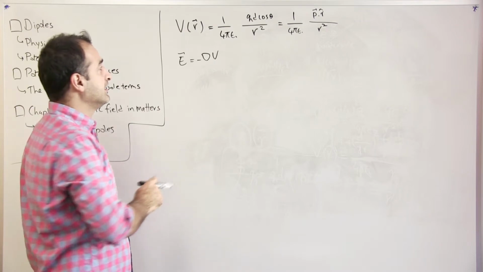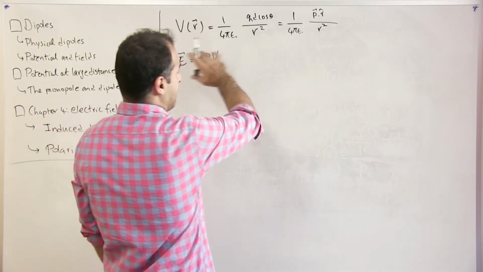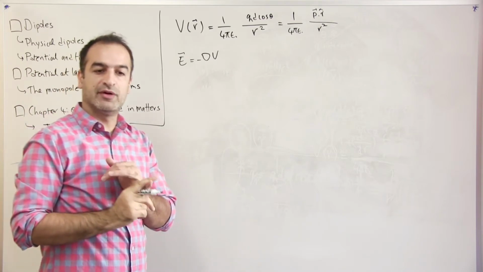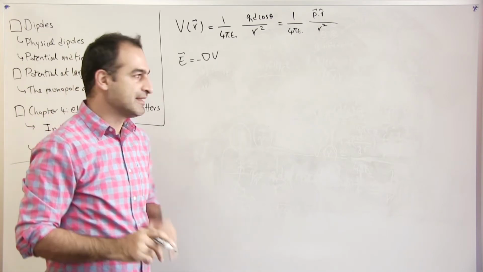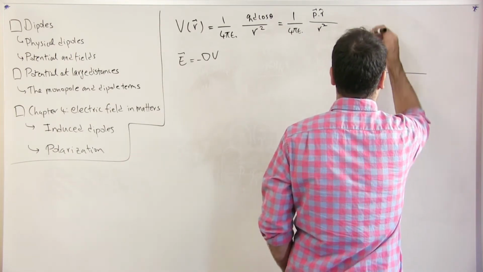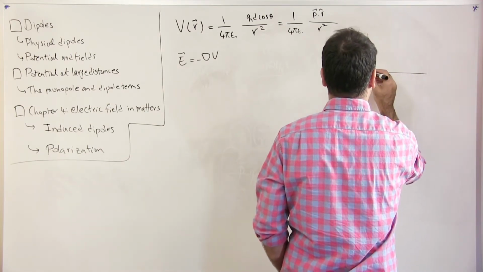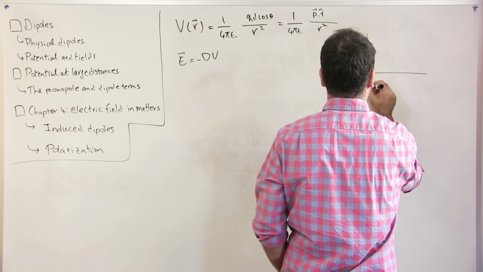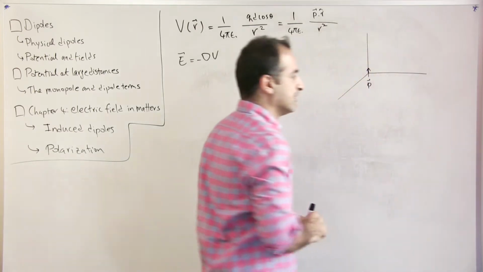Here, basically, the system that we use is spherical coordinates, we use R and theta, and the assumption was that P is sitting in the z hat direction. So this is the vector P, the electric dipole.